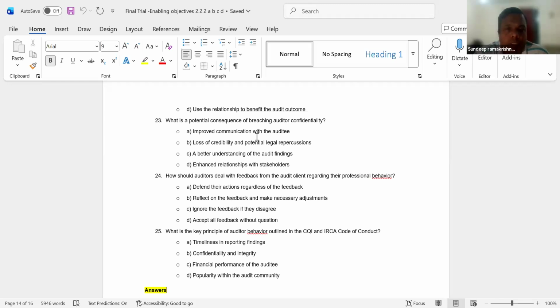Right. Next question. 24th. How should auditors deal with feedback from the audit client regarding their professional behavior? Defend their actions regardless of the feedback, reflect on the feedback and make necessary adjustments, ignore the feedback if they disagree, accept all feedback without question.